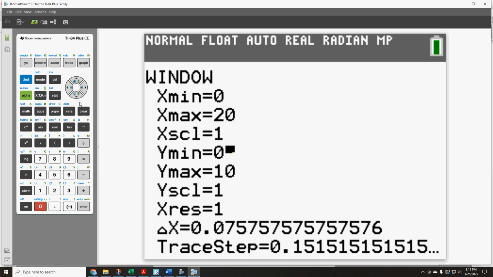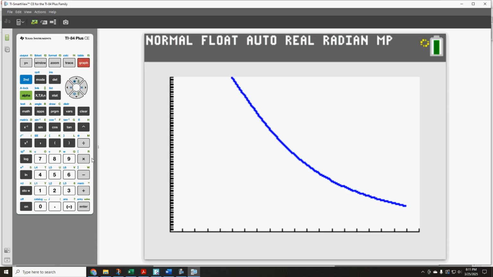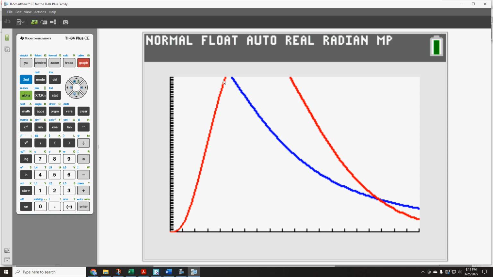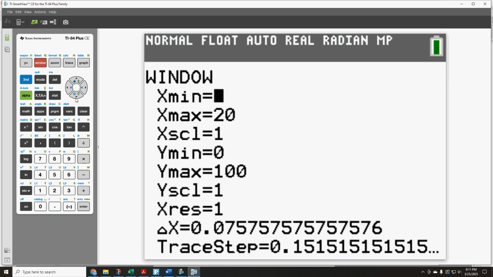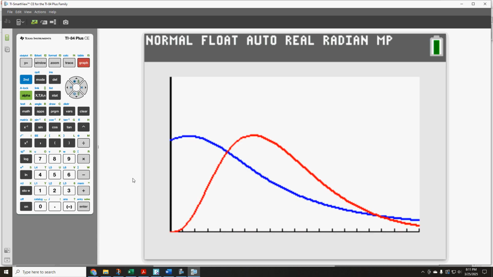They're both going in a positive direction. And I don't know, it looked like it went pretty high. I'd make my y maximum 100. Oops, not 1,000, 100. And I press graph. Oh, well now I'm seeing both graphs, but I still need to go a little bit higher. So let's go to my window again, and I'm going to make my y max 200. And I press graph. And now I can see that I have 2 intersections.